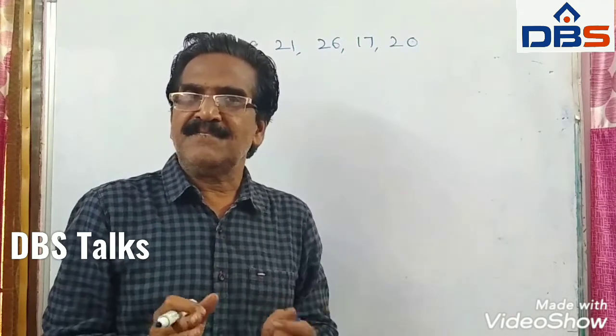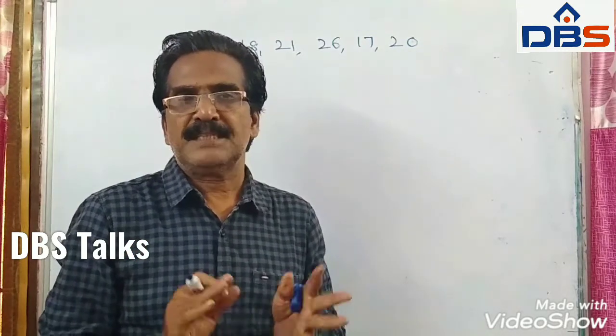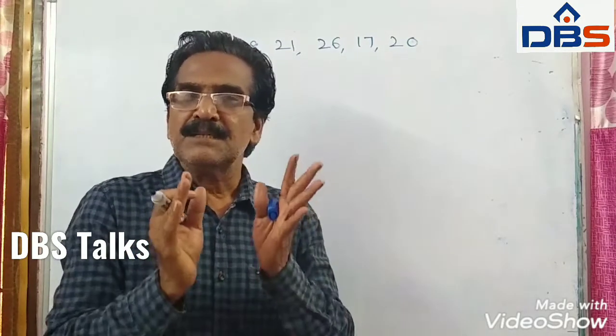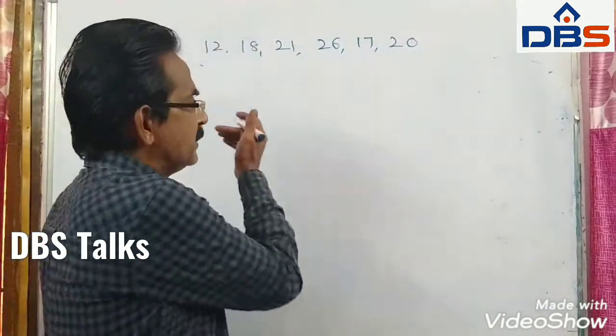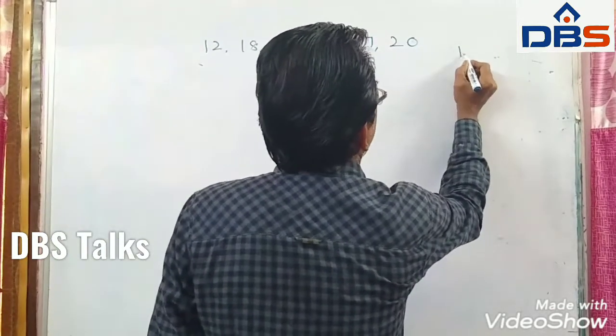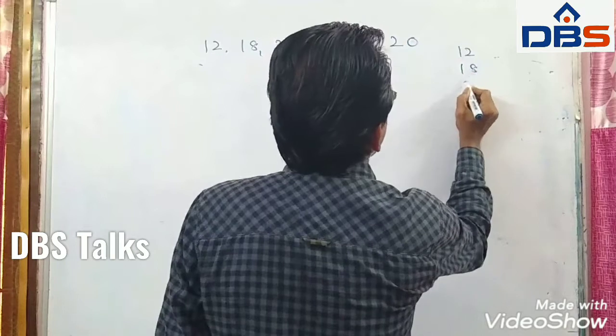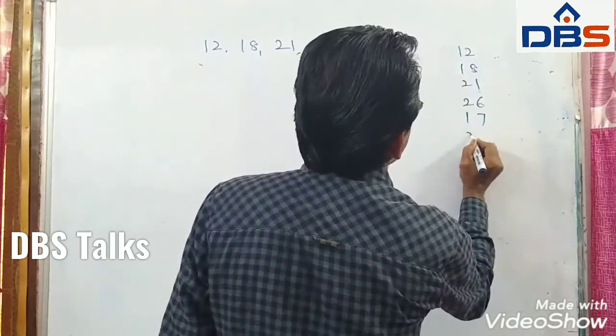Now first let us find the mean. First thing you have to do is find the mean, the arithmetic mean of these 6 values: 12, 18, 21, 26, 17, 20.